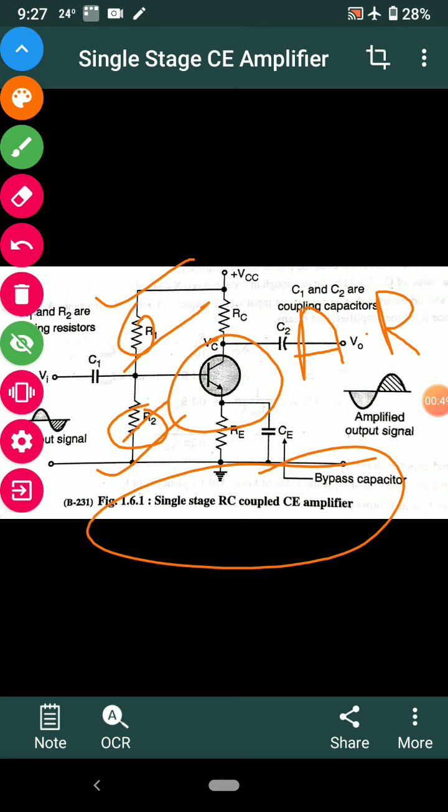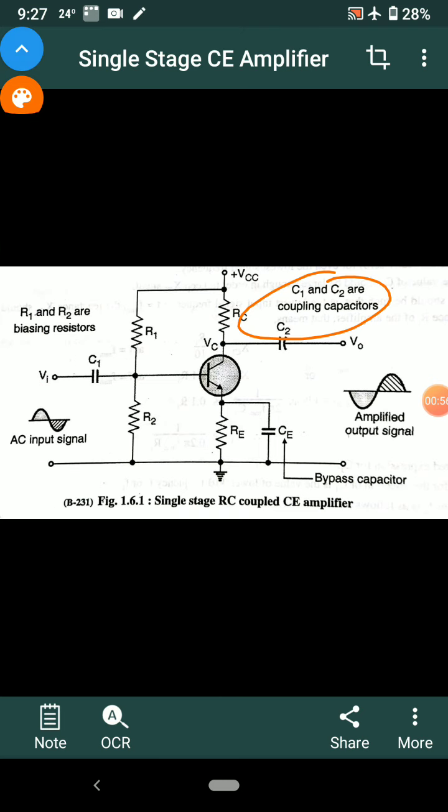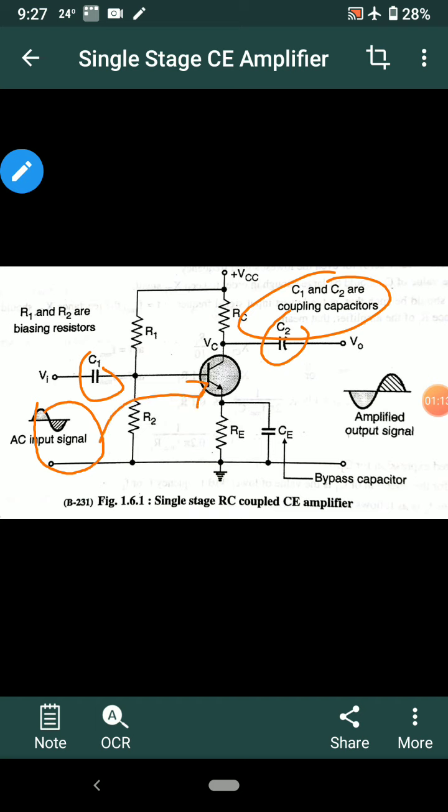Then we check C1 and C2. C1 and C2 are called coupling capacitors. The coupling capacitors are used to couple the AC input voltage, V input, to the base of the transistor.